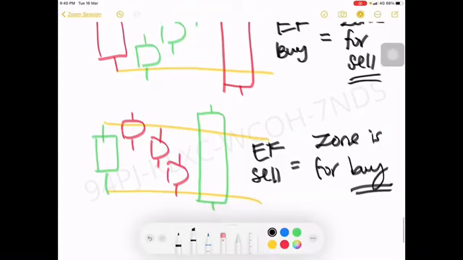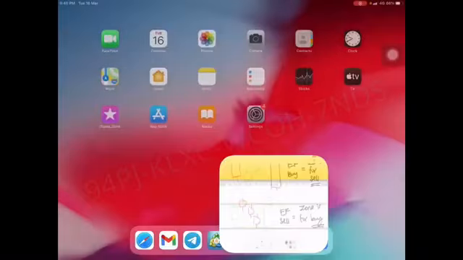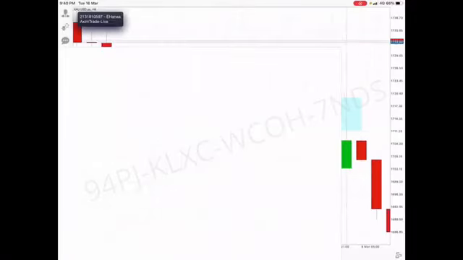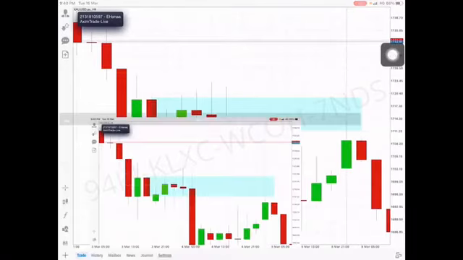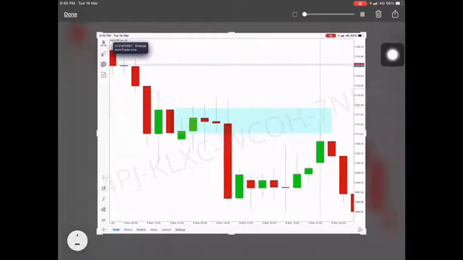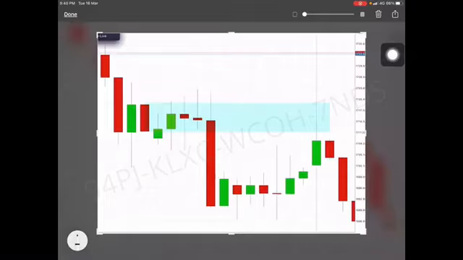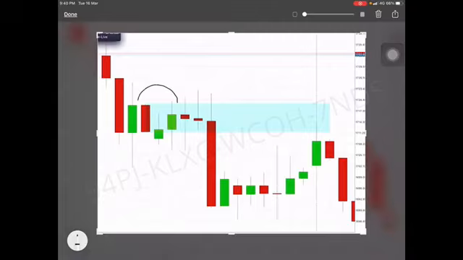So let me show you what happened at this zone. So look at here. Okay, so look at this zone. So this is engulfing buy at first, right?